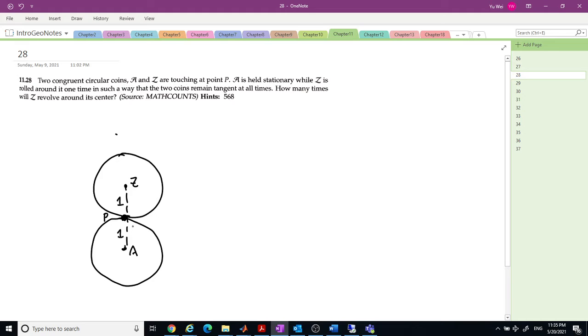When A is held stationary and Z is rotating around A, let's see, this is P and this is Q. After rotating half a circle, you can see Q will be here. Q will touch it.